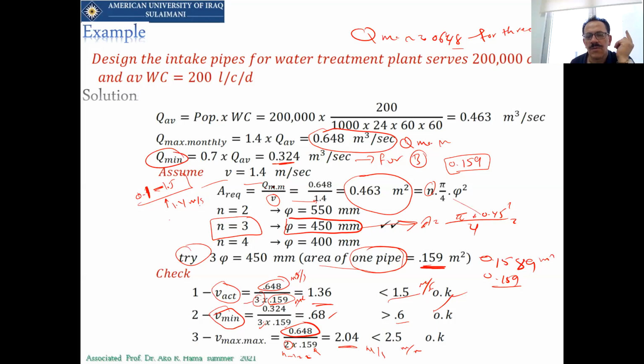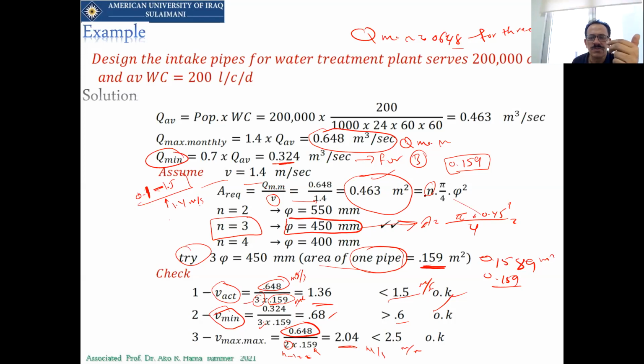Now we have maximum monthly Q divided by this V. I will get the total area required for the whole number of the pipes, whatever they are. So this is the whole needed area. Now this area will be the number of the pipes times the area of each of them, right? Now you have to try.